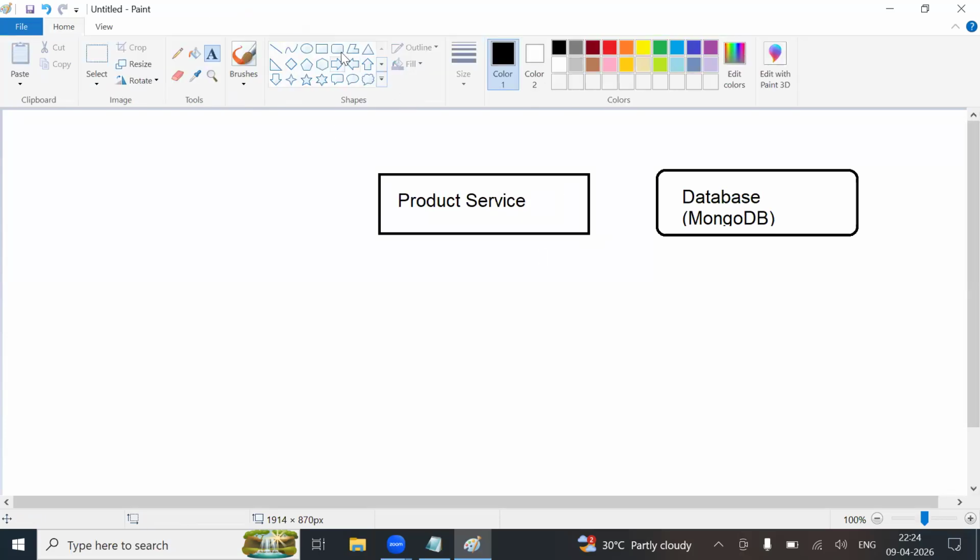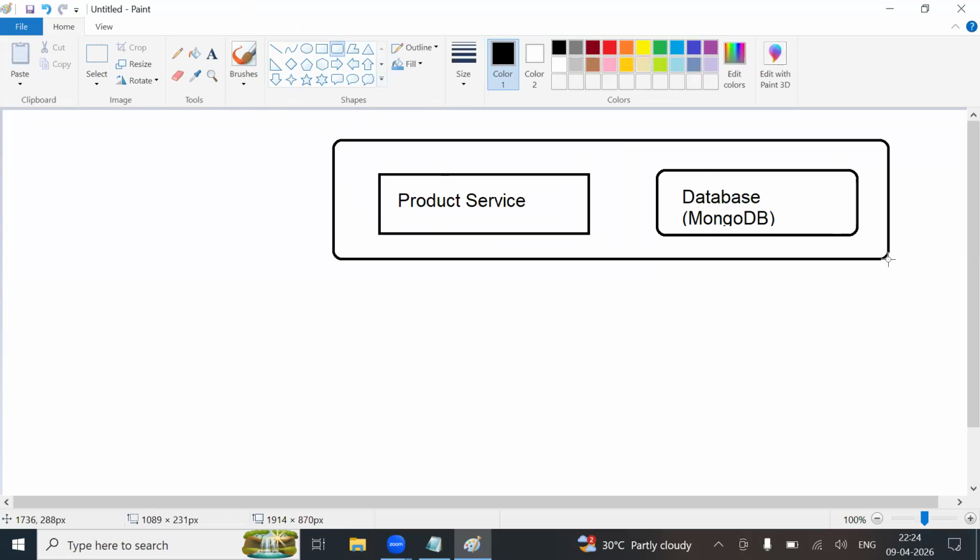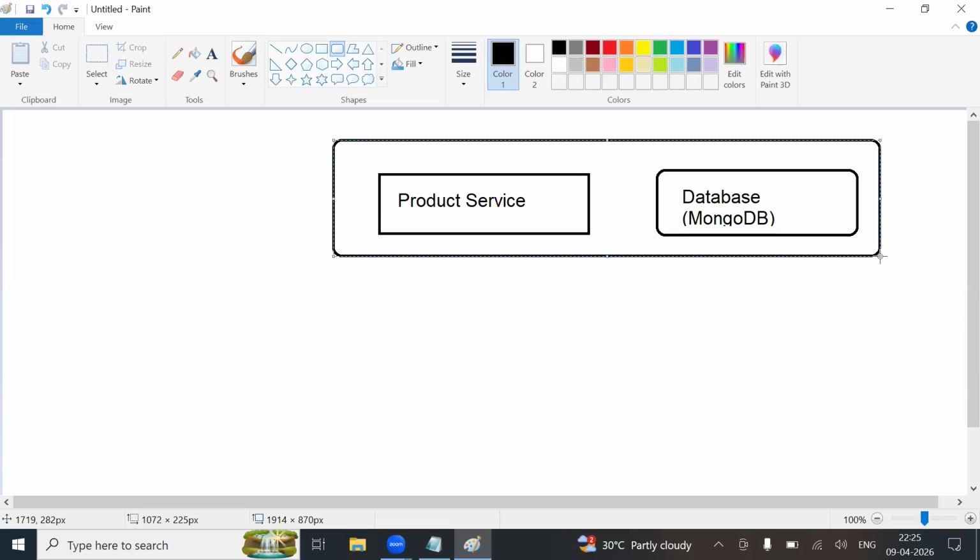Now assume you deploy this entire microservice in a secured environment, where you will have security patches. Can a hacker directly hack your database? How could they hack your application? If there is any URL exposed by the product service, they could use it to collect the database name.